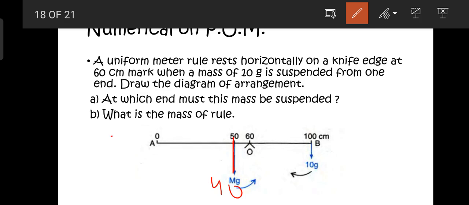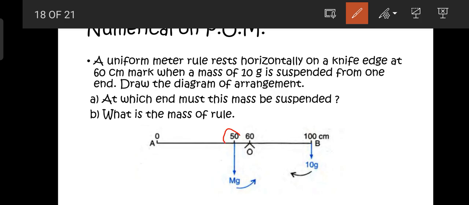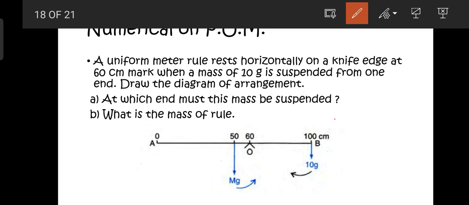Okay, what is the mass of the rule? Now can anyone tell me why I have taken the weight here only? Because the mass of the rule will be concentrated at its middle.